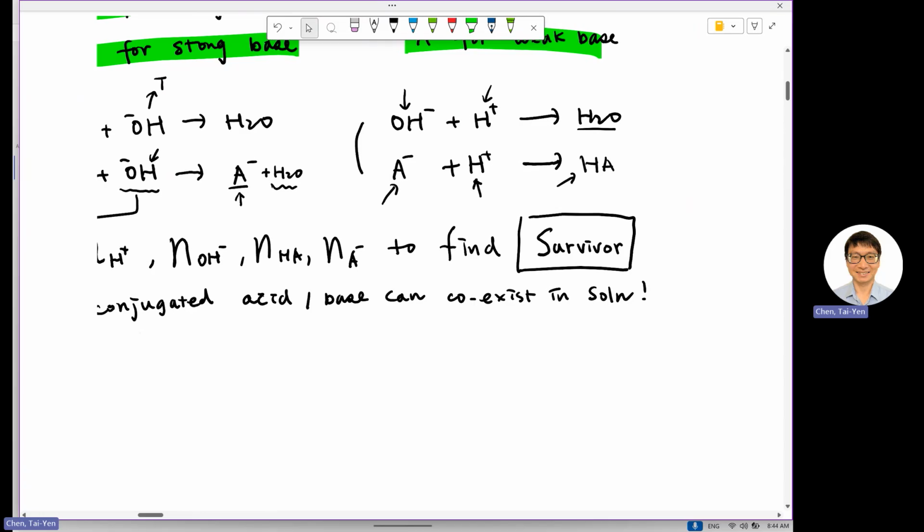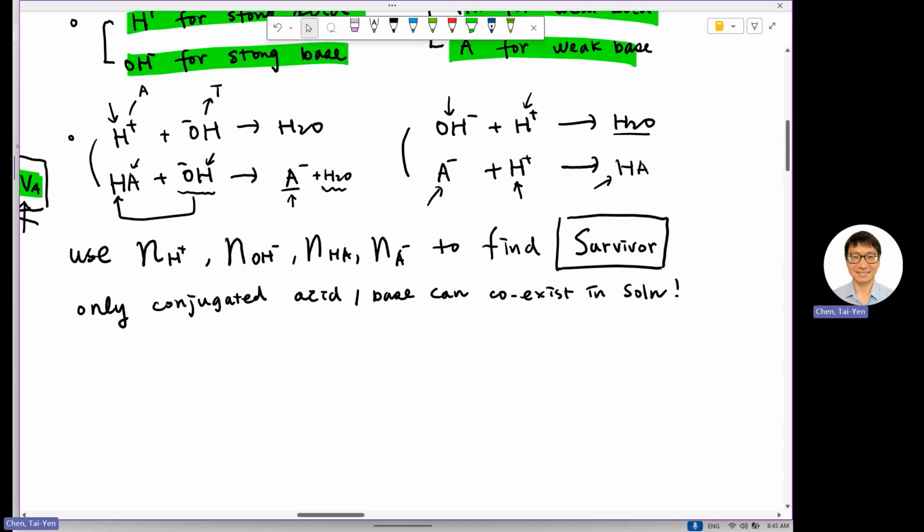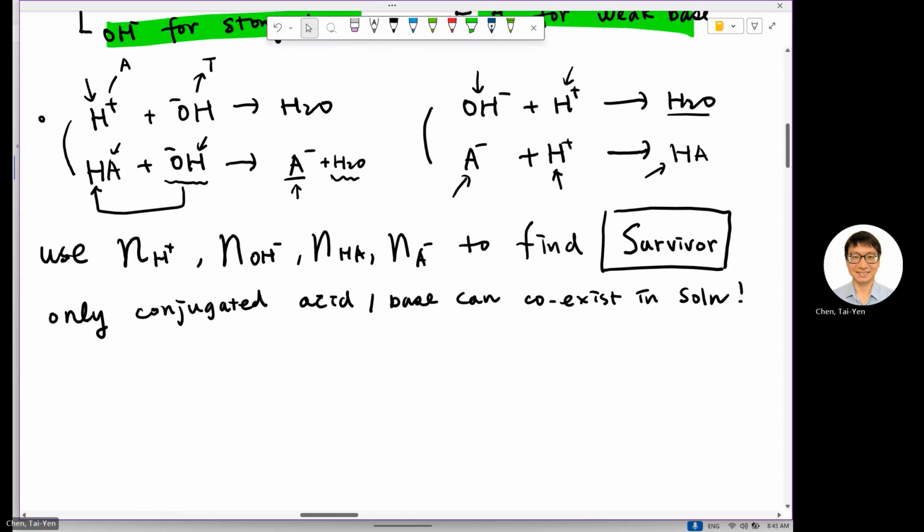One of the things that's very important, you should know that every time we do titrations, it is a hunger game. Whoever survives will be the dictator for the pH.